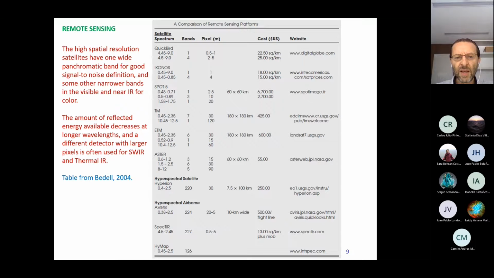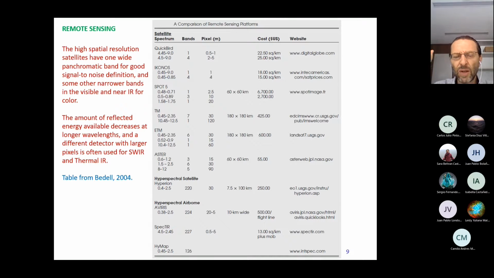They are equipped with a panchromatic band, and then between 450 and 900 nanometers, for instance, you get four separate bands. So you get sensors for that. That's multispectral, and this happens for all of these. But what I want you to see here is not this.